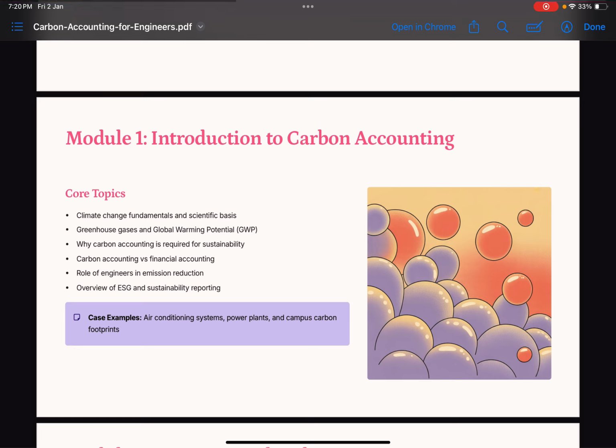I would highlight the role of engineers as well as managers in tackling and reducing these emissions, and an overview of ESG and sustainability would be provided. So that would be module 1, introduction to carbon accounting.